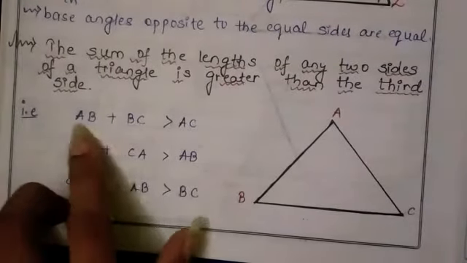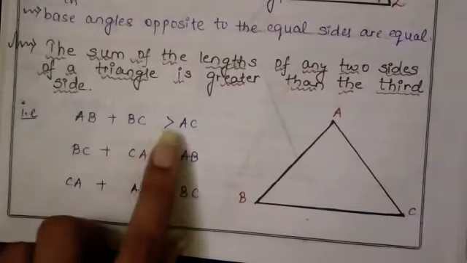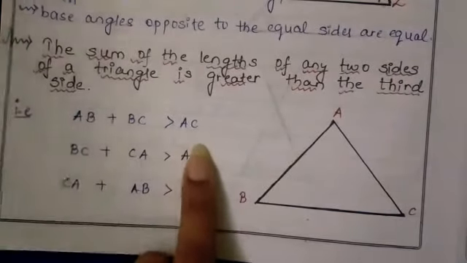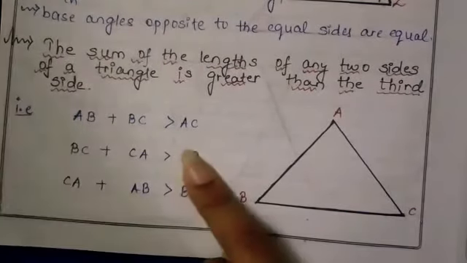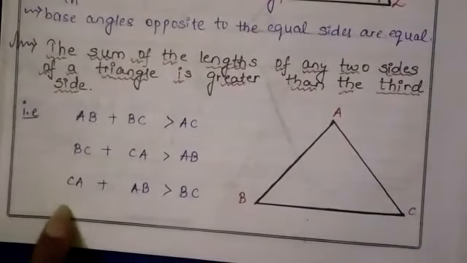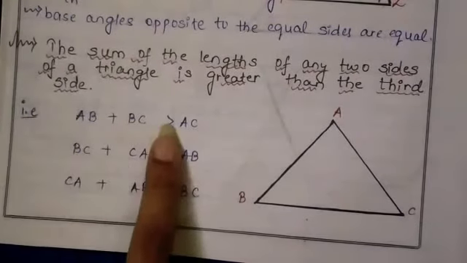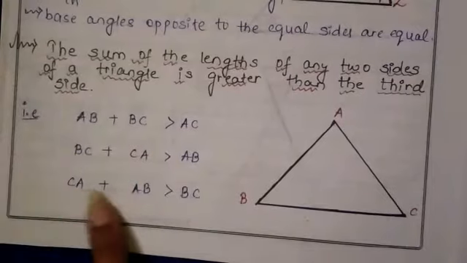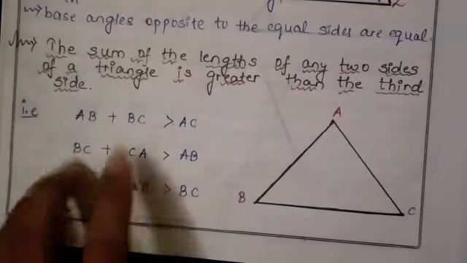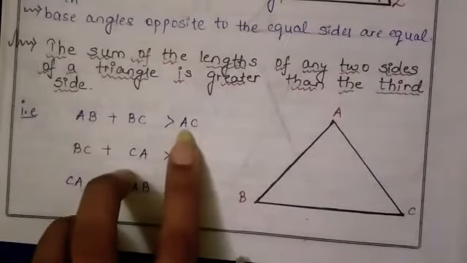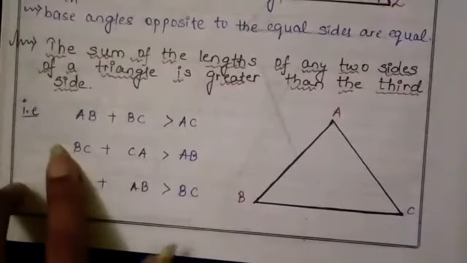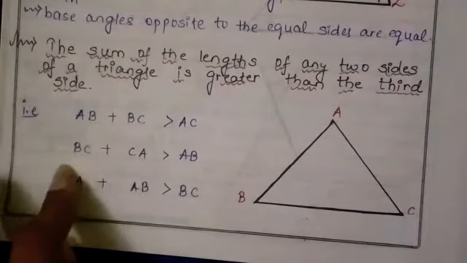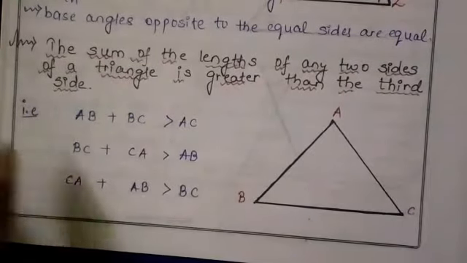That is, the sum of the lengths of any two sides should always be more than the third side. Since we have three sides in the triangle, we'll have three cases: AB plus BC, BC plus CA and CA plus AB. The addition of two should always be greater than the third one. This is a very important property of a triangle which we have to use while solving exercise 6.4.